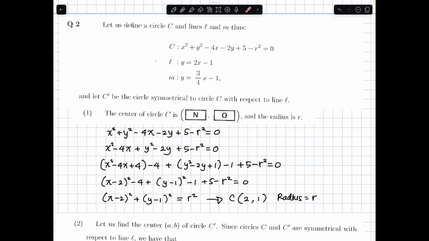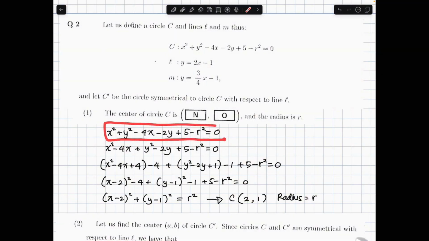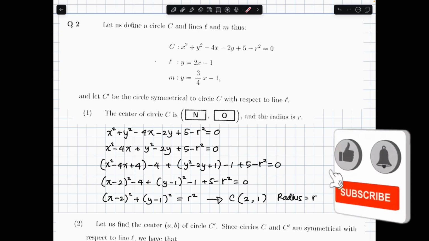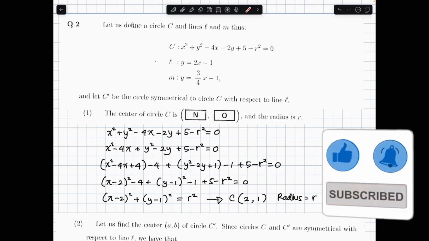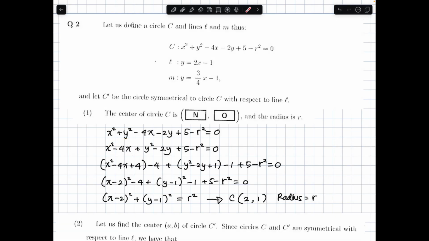First, in this question, we have C as an equation of a circle, and the first question asks about the center of the circle. I use the method of completing the square. In this method, I need to regroup x squared with x, y squared with y, and group all the rest without x and y on the right side.